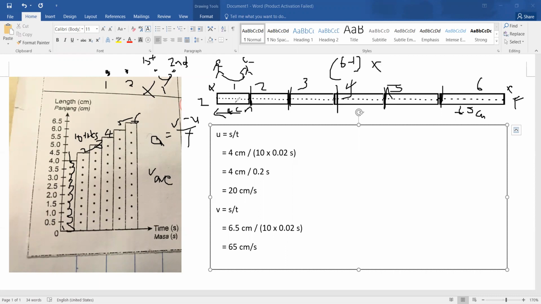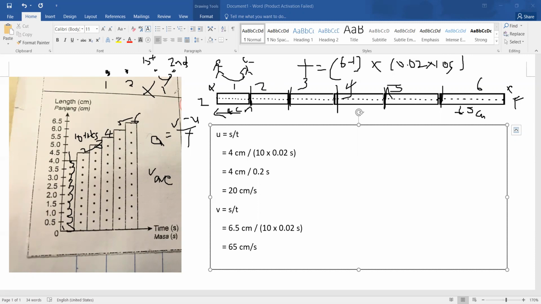times each tape actually has 10 ticks, right? So 0.02 times 10. Okay, but I'm telling you why we are minusing 1. Just as I said before, we don't actually count number 1 because we are counting the difference, right?